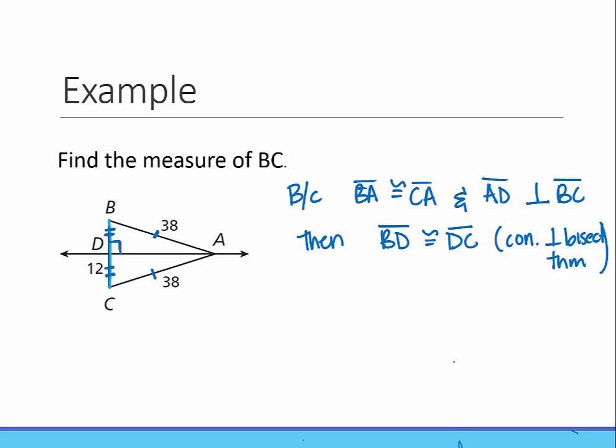So because of that, BD also has to be 12. And then, because we're trying to find BC, this whole length right here, all we got to do is take 12 plus 12 to give us 24.